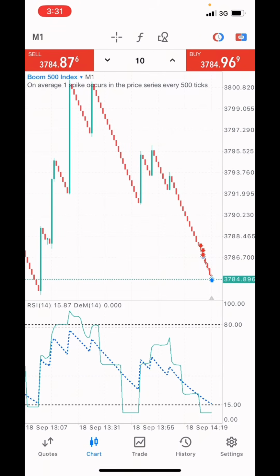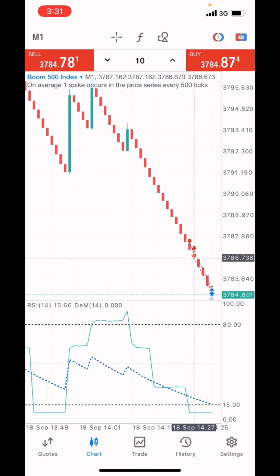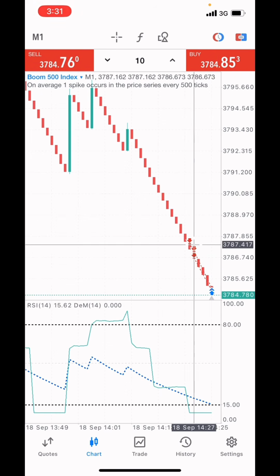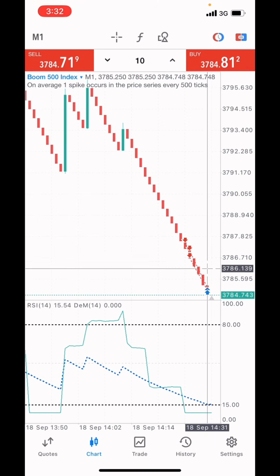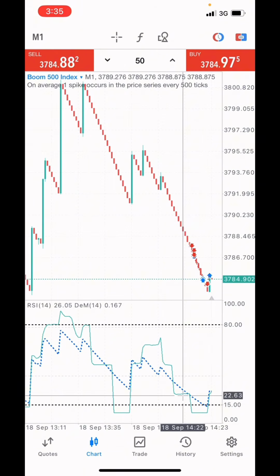At this point, if we zoom in now, you see I took about 5 candles, right? One from here, just as you can see, 1 2 3 4 5 at this point. So I placed a sell right here, you can see from here 1 2 3 4 5. Just like I said, it's gonna spike right here.